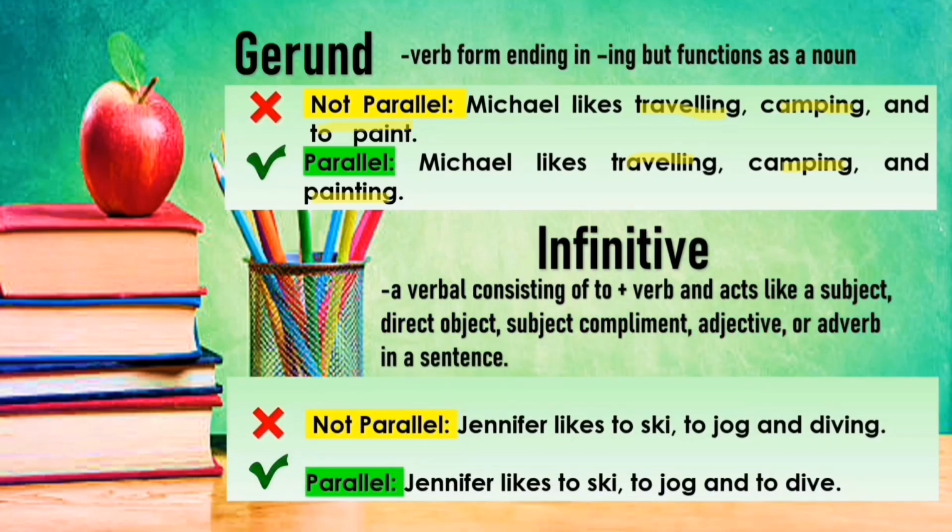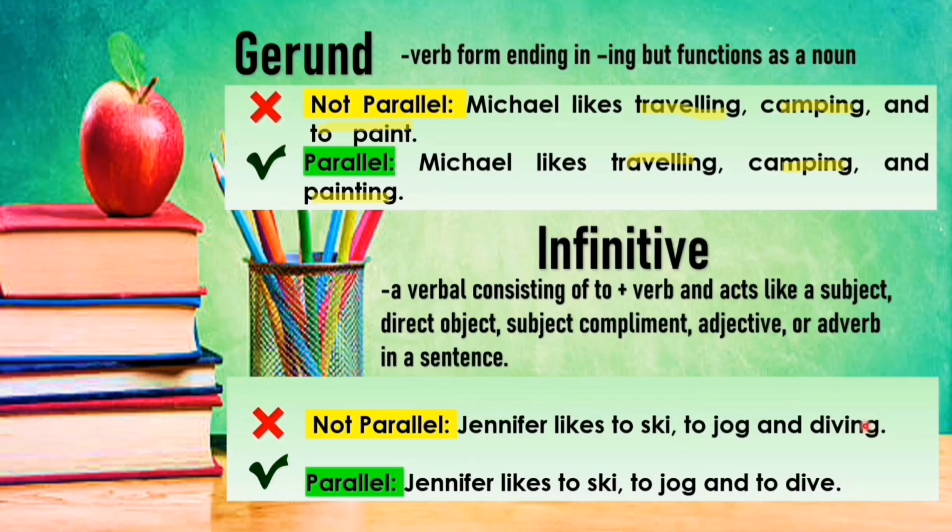Next is infinitive. Infinitive is a verbal consisting of to plus verb and acts like a subject, direct object, subject complement, adjective, or adverb in a sentence. Examples of infinitives are to run, to sing, and to join. Here is the example. Jennifer likes to ski, to jog, and diving.